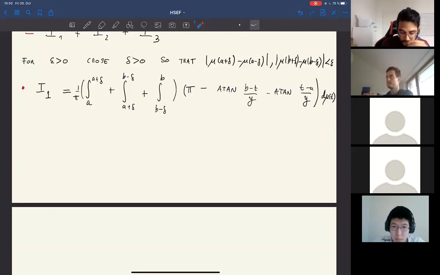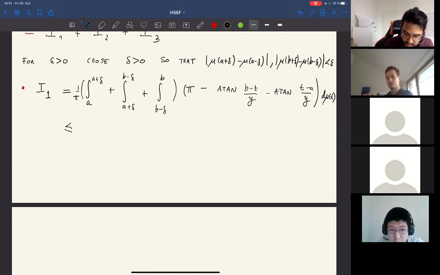Okay. So I can assume that A plus delta is a point of continuity. In any case, let me bound this thing. This thing will be less or equal than what?